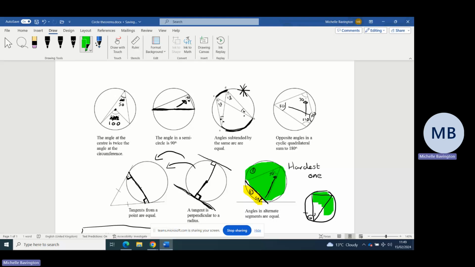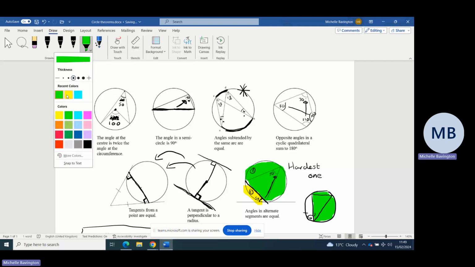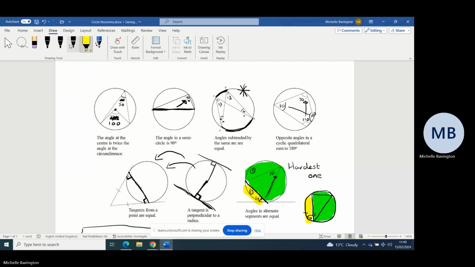There's one segment there, the biggie, and then there's another here. So opposite, follow the line. So your alternate angle would be 10. Probably the hardest, but we will try and look at it in more detail as we go along. Okay.